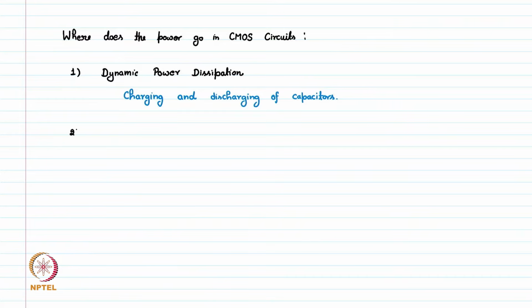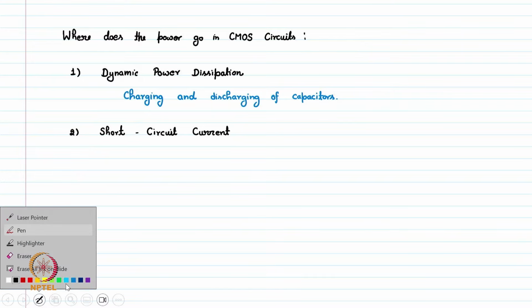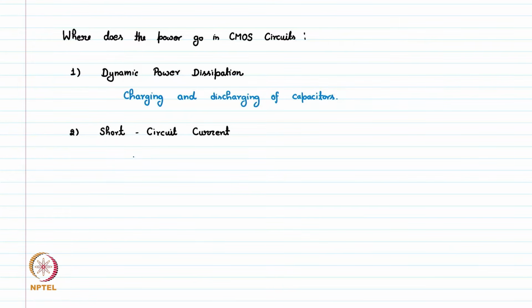The second point where the power goes is short circuit current. There actually exists a short circuit path between the supply rails during circuit switching.